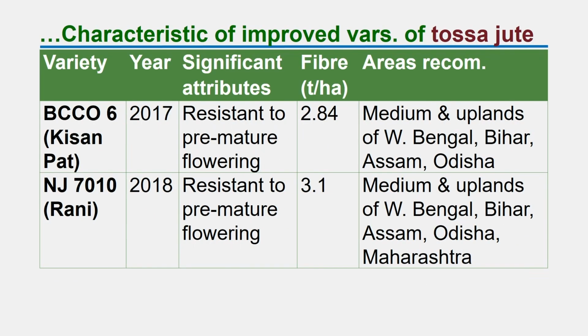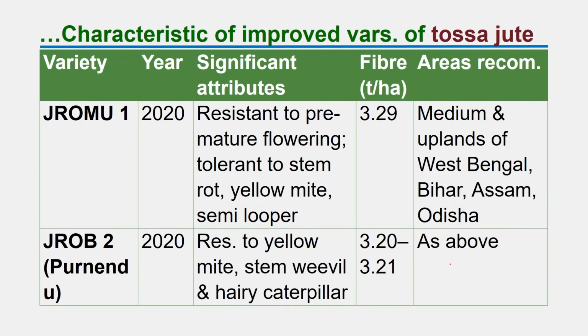Now, you see BCCO6 Kisan Path, released in 2017, resistant to premature flowering, 2.84 tons per hectare yield, recommended for medium and uplands of West Bengal, Bihar, Assam and Odisha. NJ7010 Rani, released in 2018, resistant to premature flowering and yielding 3.1 tons per hectare fiber, and this variety is for medium and uplands of West Bengal, Bihar, Assam, Odisha and Maharashtra, etc.